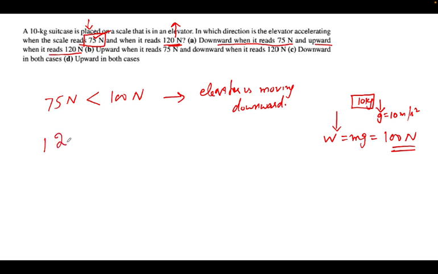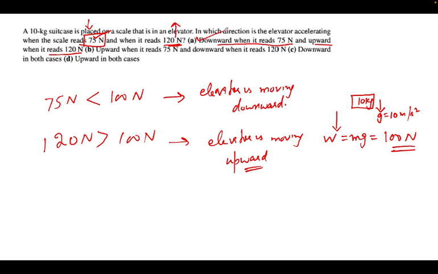Second, 120 Newton is greater than 100 Newton, when the elevator is moving upward. So option A is the correct option.